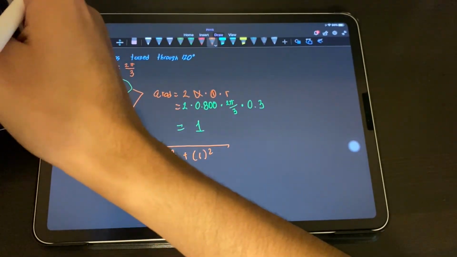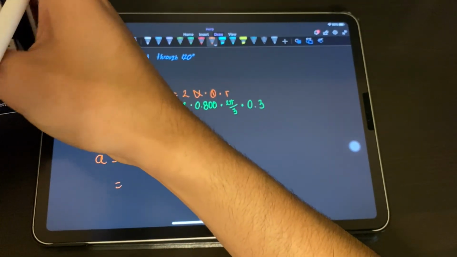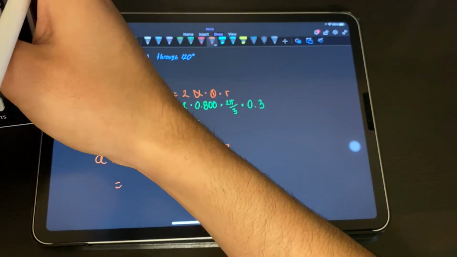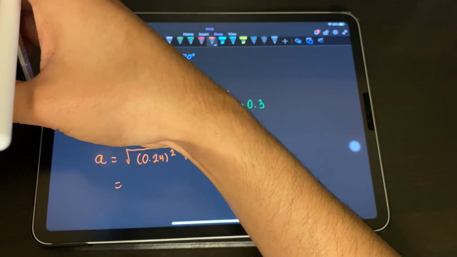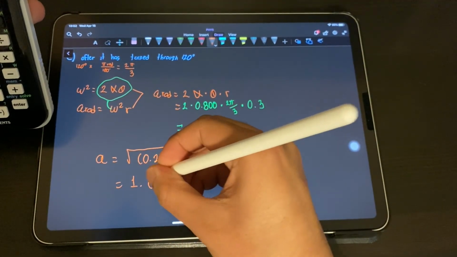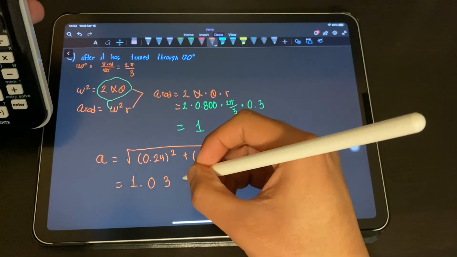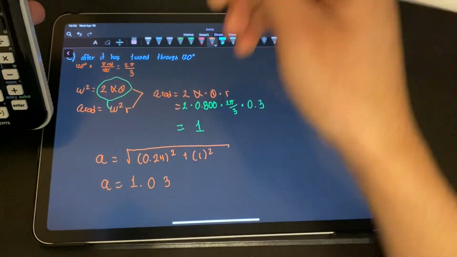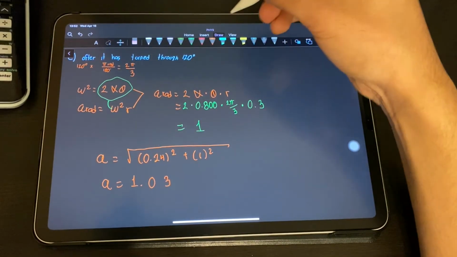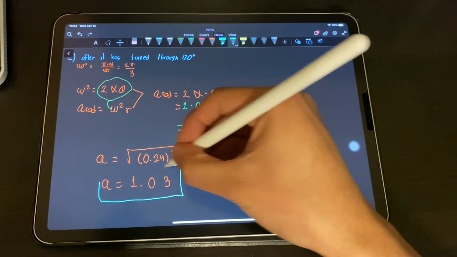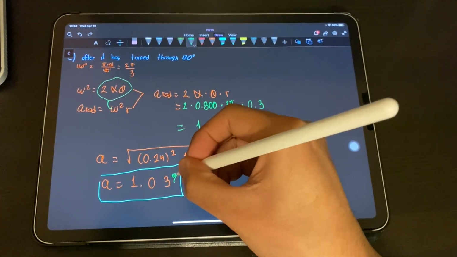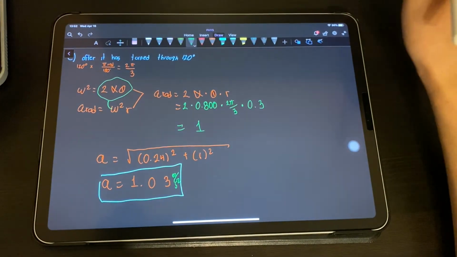Then we get approximately 1.03. So that's the resultant acceleration, and it's in meters per second square. Thank you.